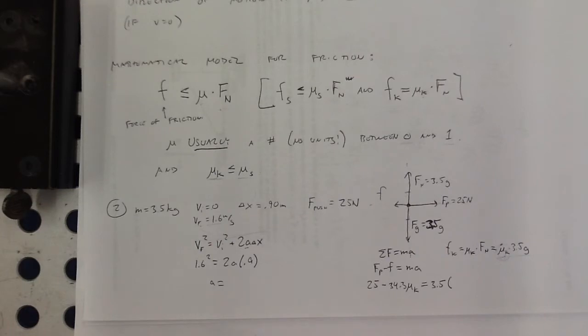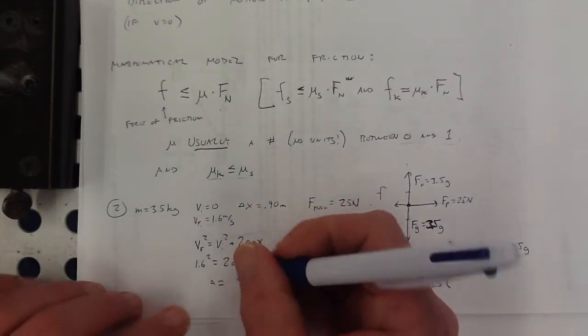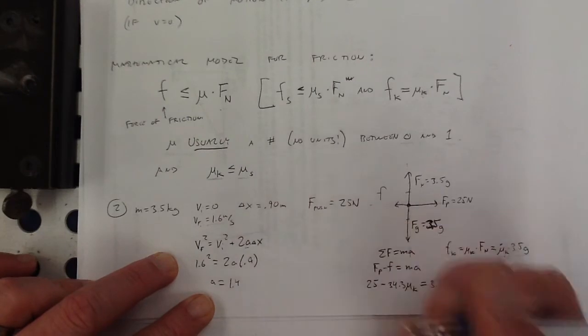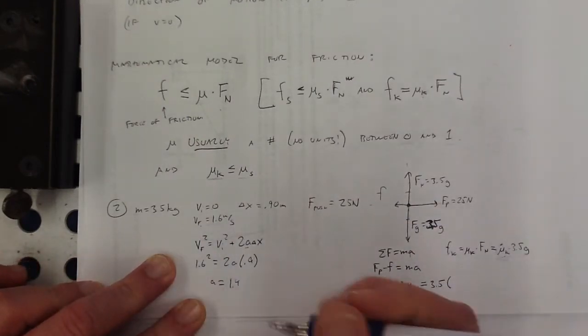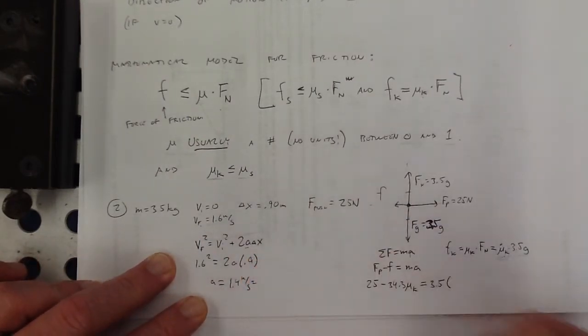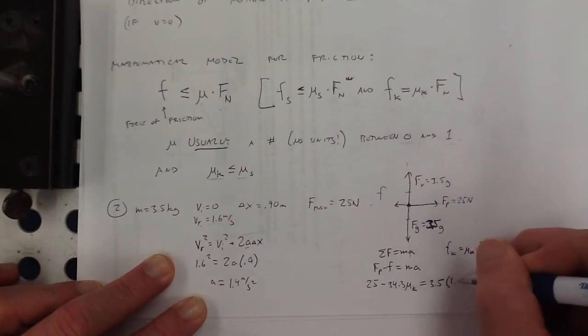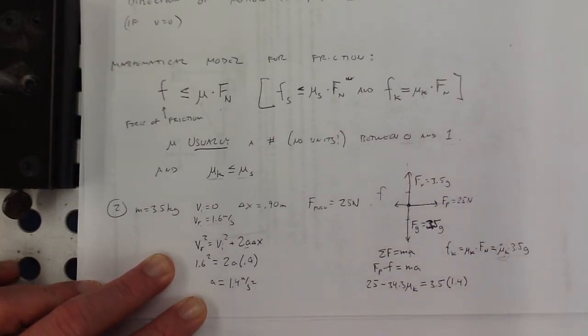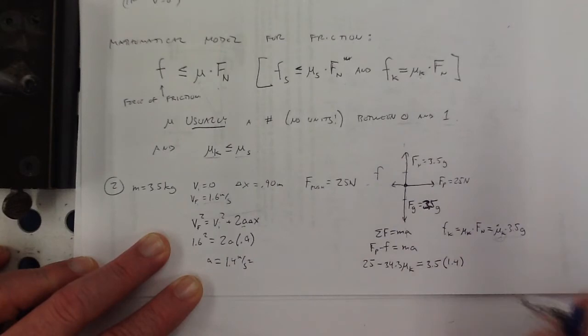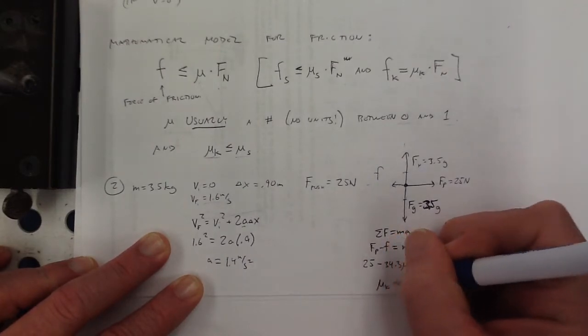I'm going to do some math. Oops, typed in 106 instead of 1.6. It's not the right answer. Two sig figs here, so 1.4 meters per second squared. That's my acceleration. And now I can solve for that coefficient.